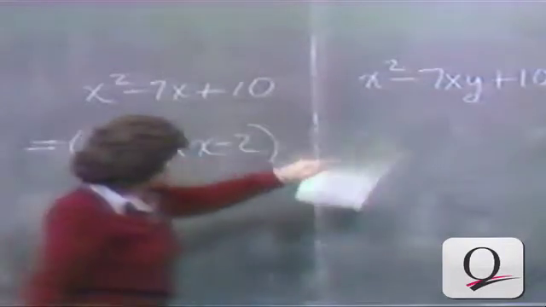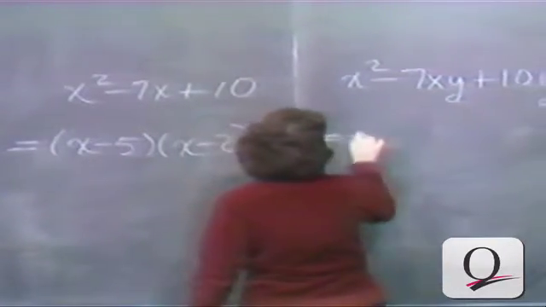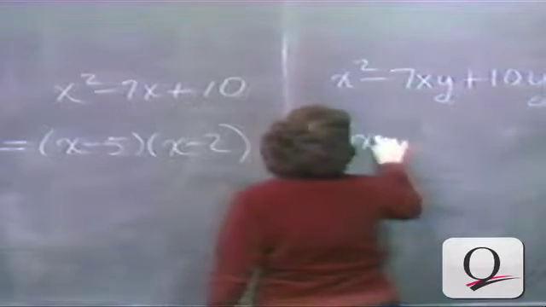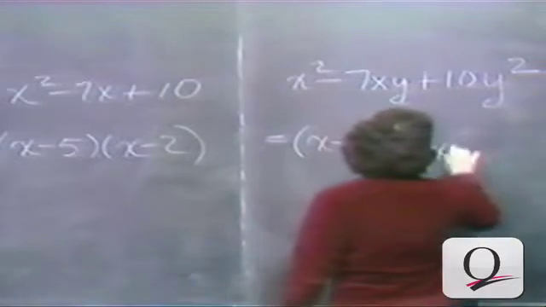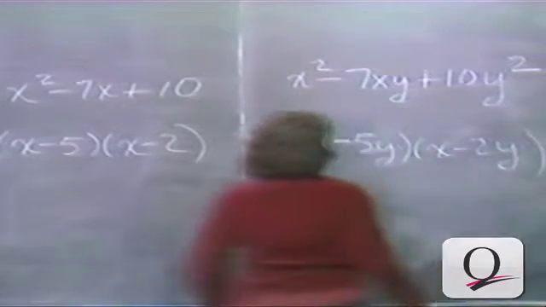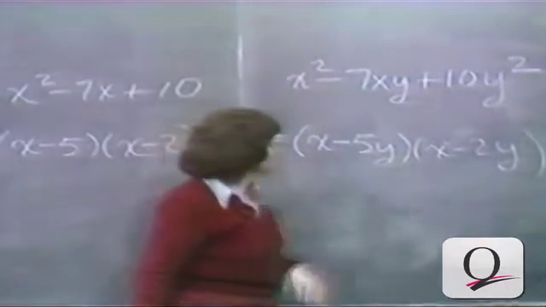Now the only thing that the y is going to do in this particular case is come into play like this. This will factor x minus 5y times x minus 2y. Let's try the FOIL method on this.